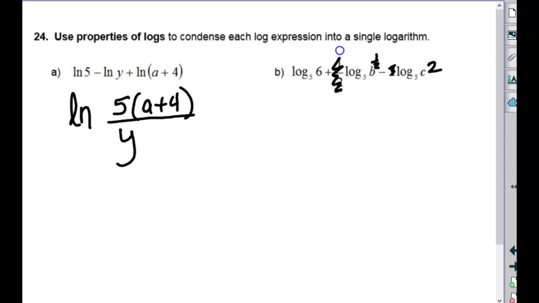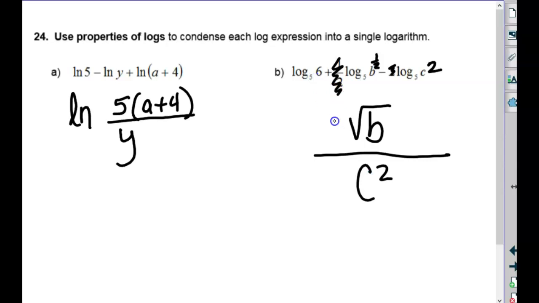But you have to know that a 1/2 power means a square root. And this is a c squared, but this one is minus. This is a positive. So we have the log base 5 of 6 times b to the 1/2, or the square root of b, divided by c squared.